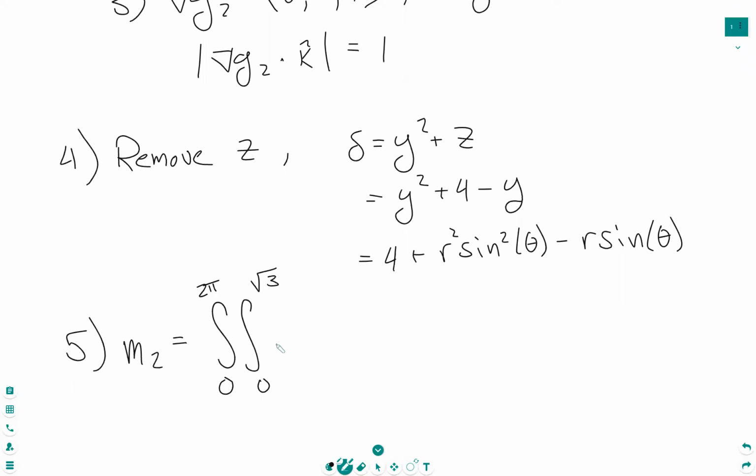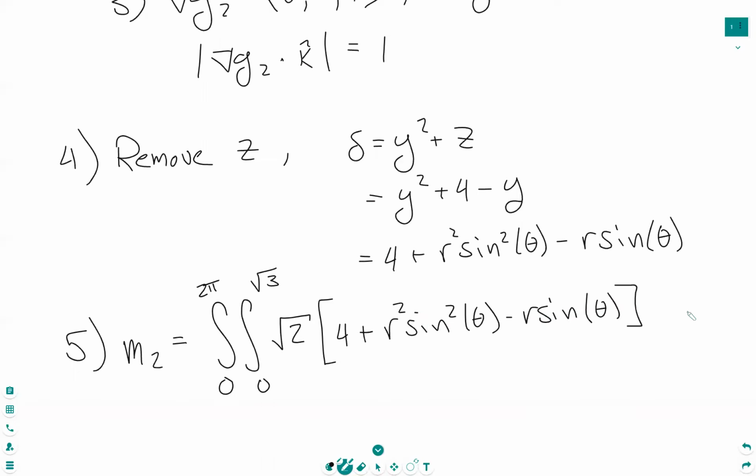So we'll just end up with a root 2 out here in front. So root 2. And then we had a 4 plus r squared sine squared theta minus an r sine theta r dr d theta.